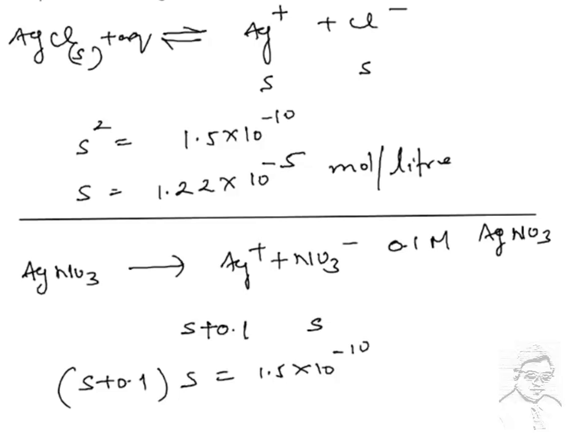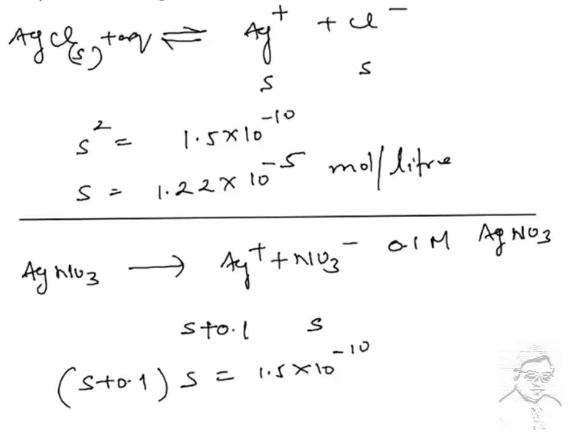Look at the previous answer. What was the order of S? 10 to the power minus 5 was the order. So doesn't it make good sense to neglect S with respect to 0.1? It should be a very good approximation because S was that small. Our answer now should be less than the previous answer.